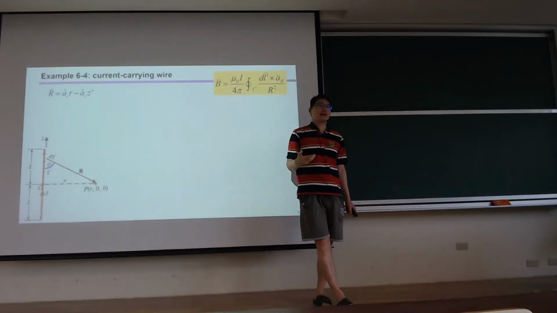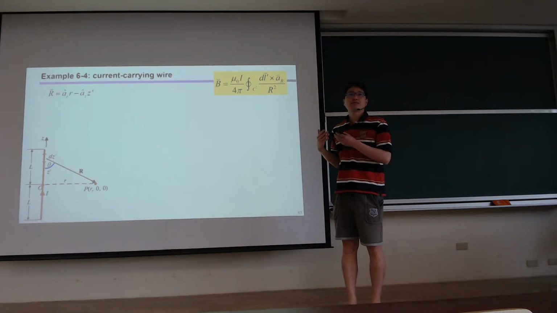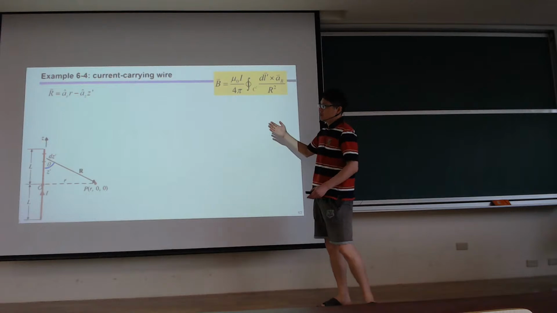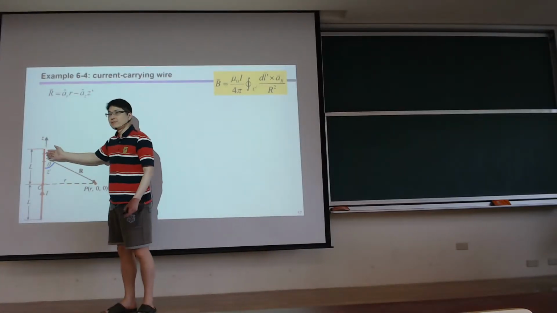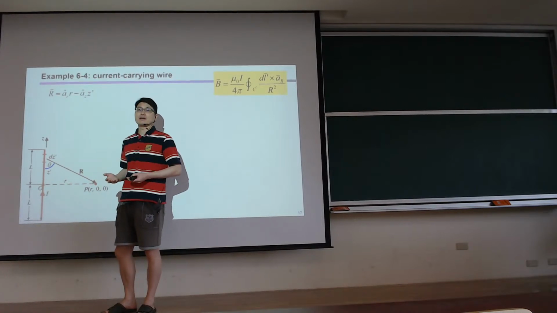B is our magnetic flux density. So that is a very powerful tool. As compared to Ampere's circuital law, we can now find the result for B for arbitrary geometry. We don't rely on particular symmetries.